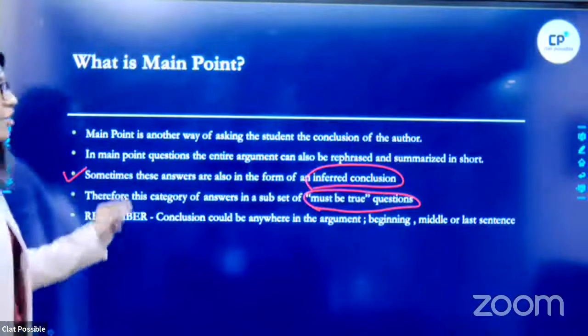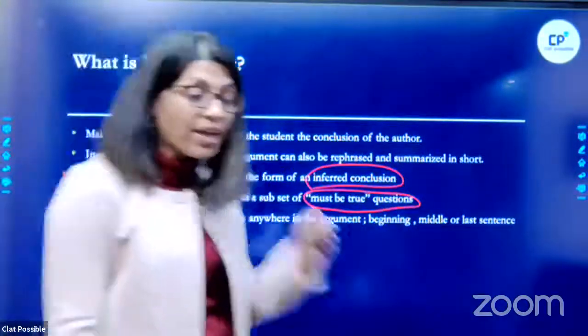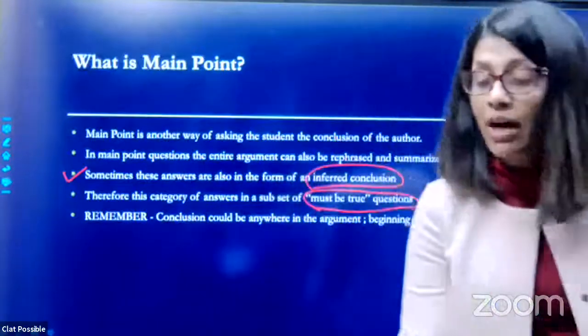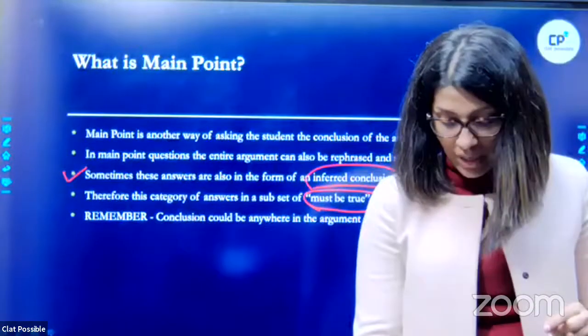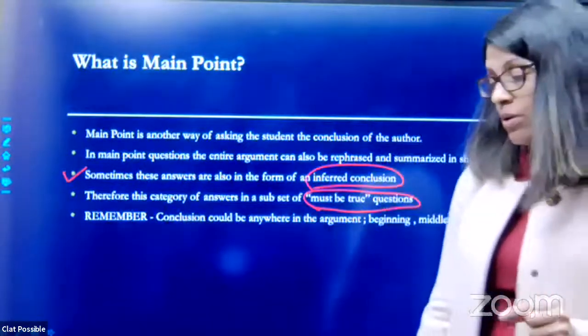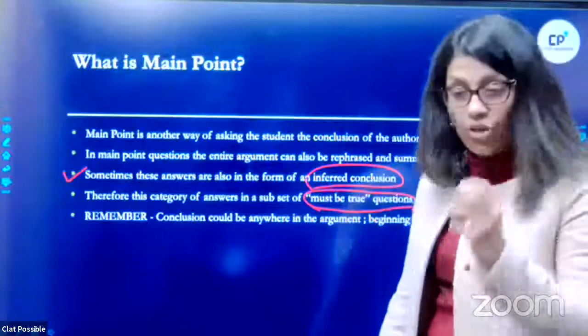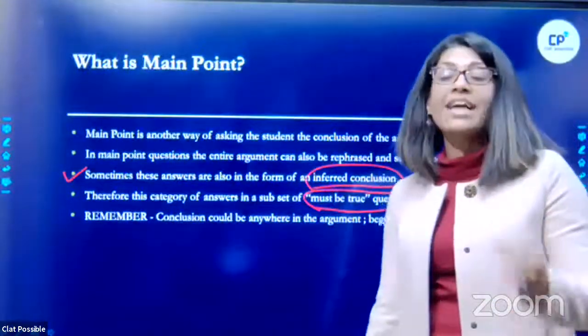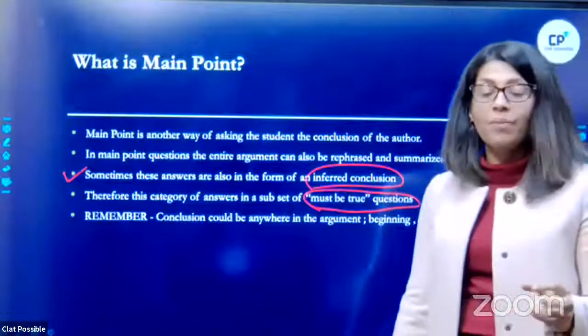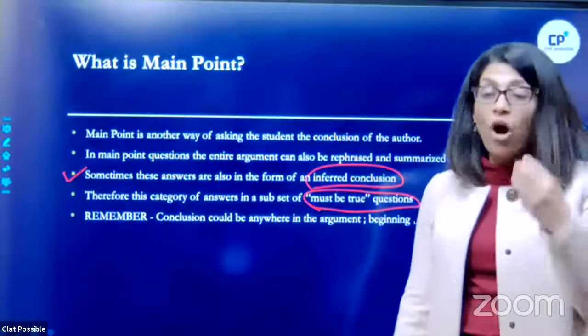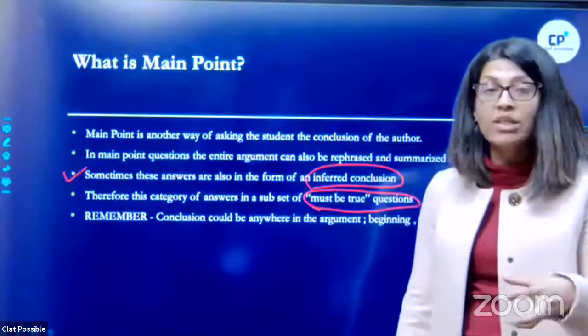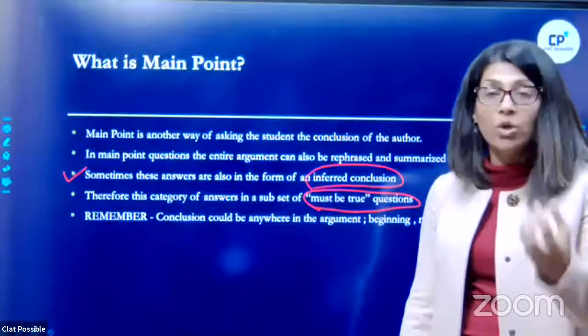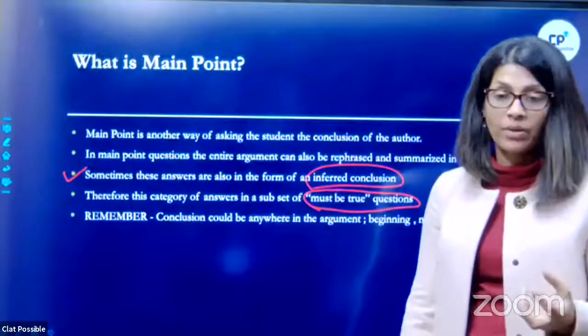And in this category of questions, what is the type of thinking that you have to do? Here, your thinking has to evolve around what is written, trying to catch the conclusion of the author, and from reading phenomena or facts, trying to gauge a bigger conclusion or a general conclusion.